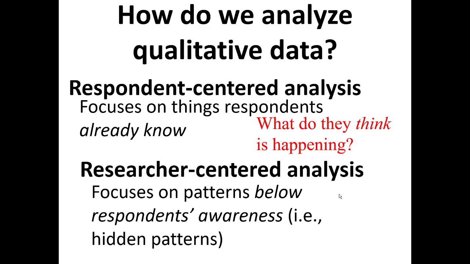This first version, respondent-centered analysis, you want to use when you are concerned with what the interview subjects or the focus group subjects think is happening. It may not be what's really happening, but what do they think is happening? Whereas researcher-centered analysis is used to understand what is actually happening.